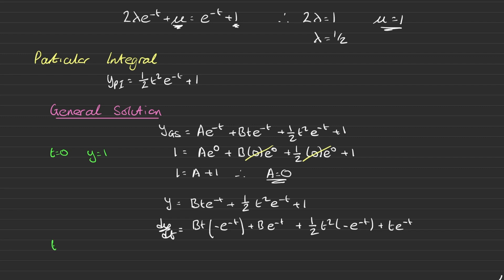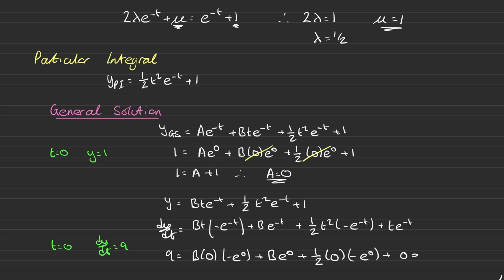And we know that at t equals 0, dy by dt equals 9. So we'll have 9 equals b lots of 0 minus e to the 0 plus b e to the 0 and 1/2 of 0 squared minus e to the 0 plus 0 e to the 0.